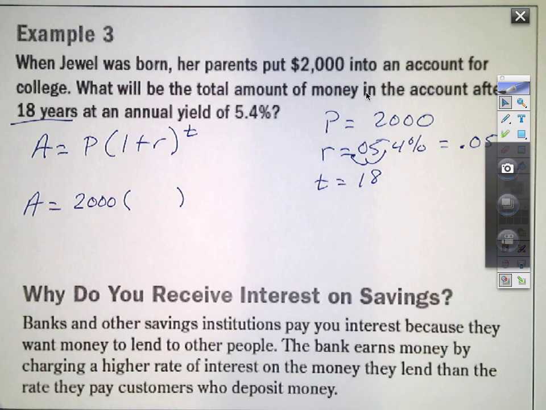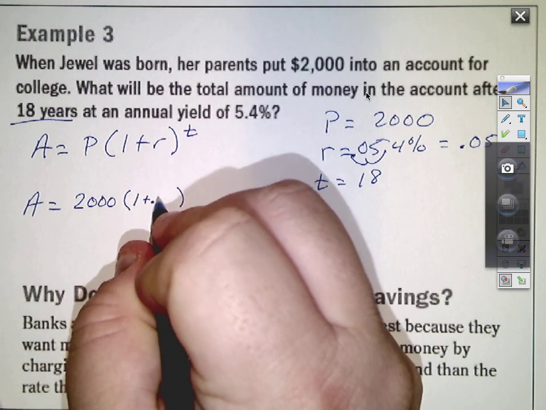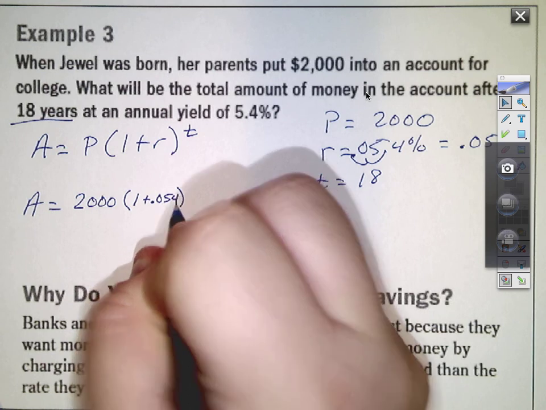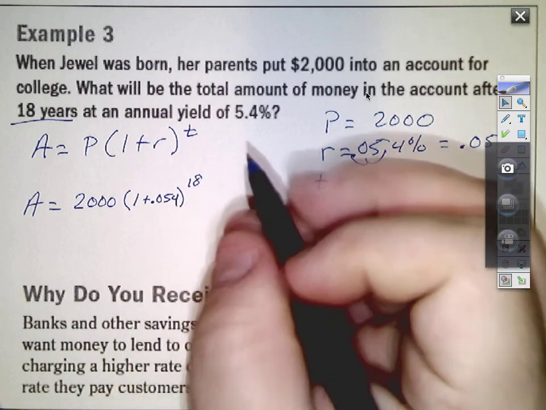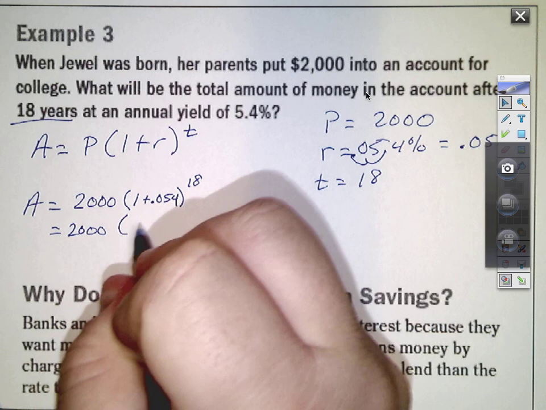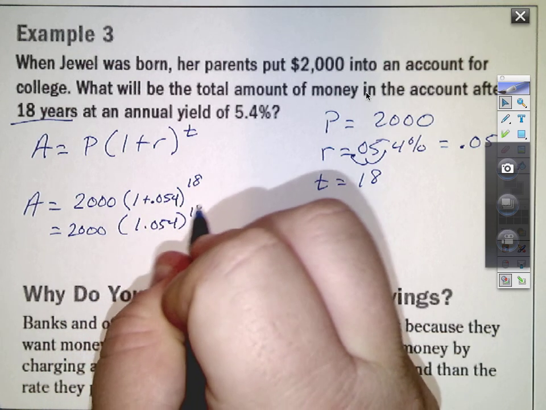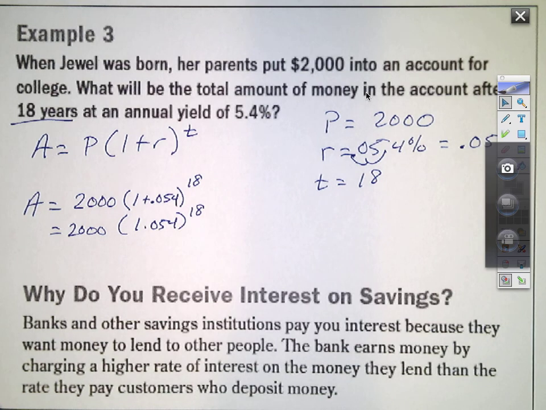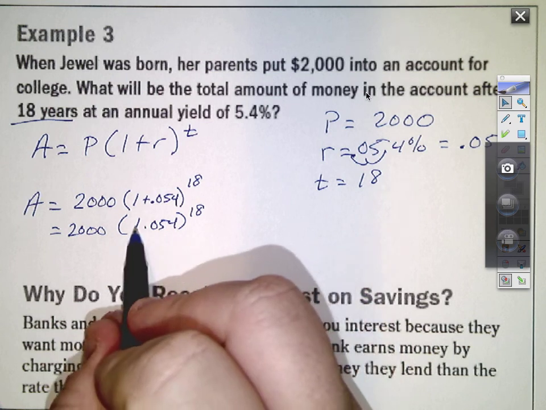So I'm going to plug those in. P is 2,000 times the quantity 1 plus 0.054, and t is 18. Which is equal to 2,000 times 1.054 to the 18th power.